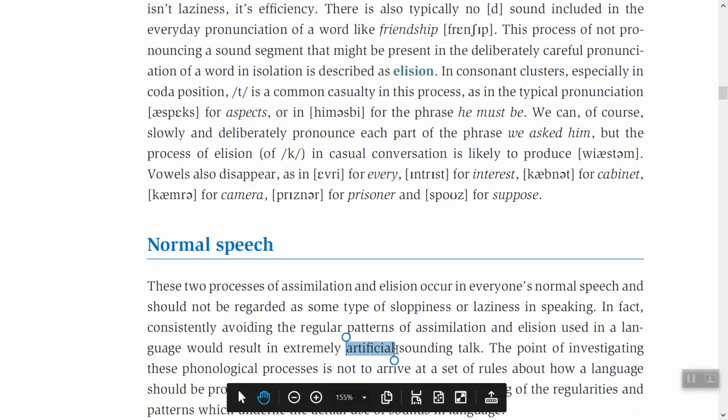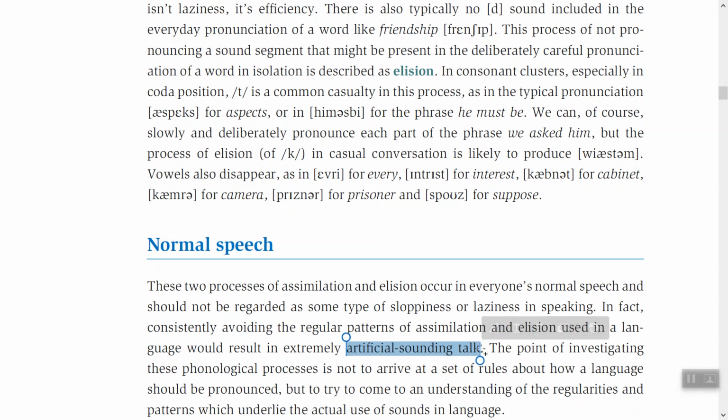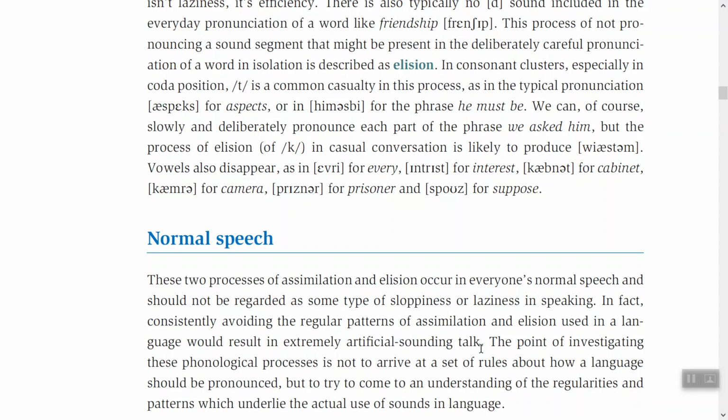It sounds artificial if we don't use them when we talk. So we have to use them in our daily life to sound like English native speakers, right?